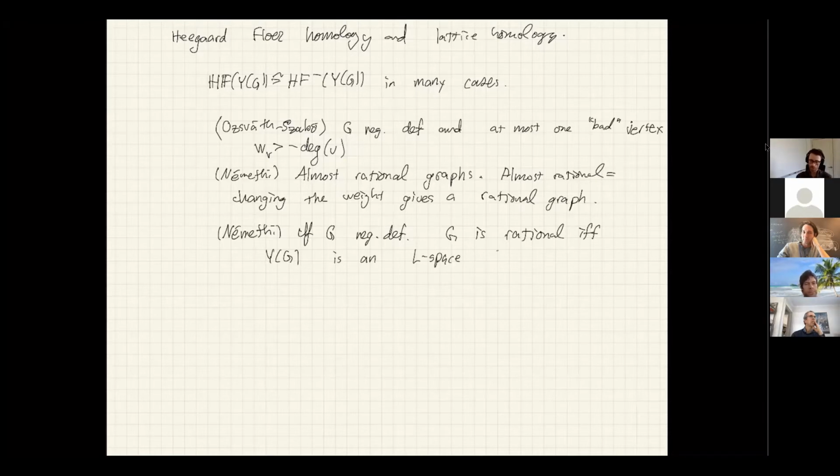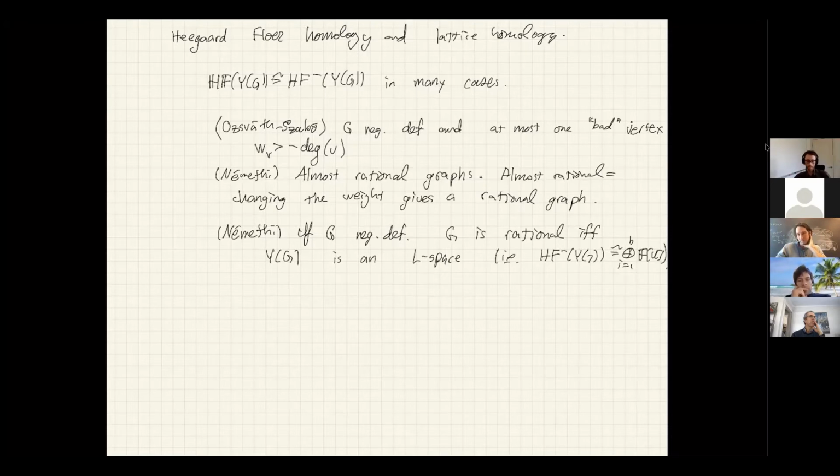That is, the Heegaard Floer homology of Y_G is as simple as possible. It's just a direct sum of some number of copies of F[U]. It's the simplest possible module that it could be.